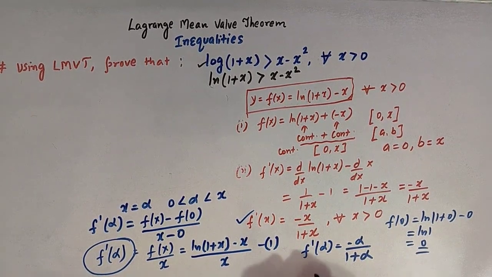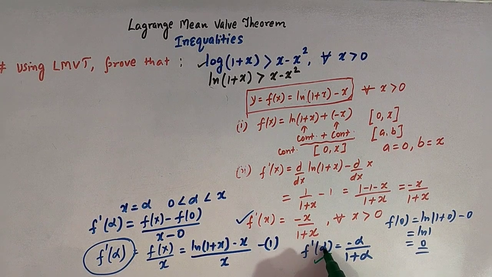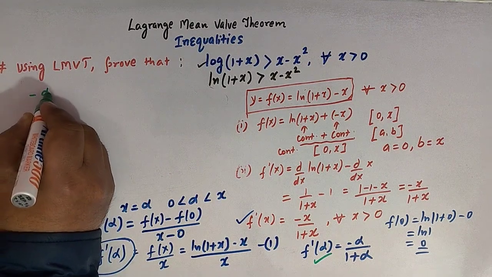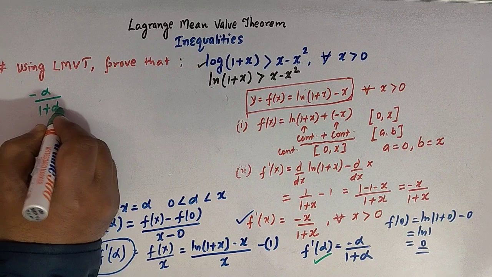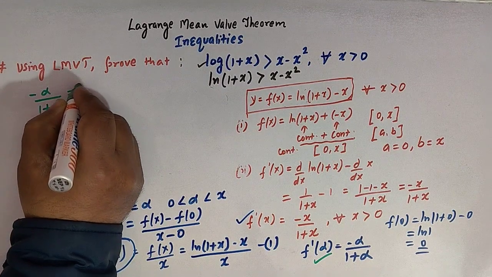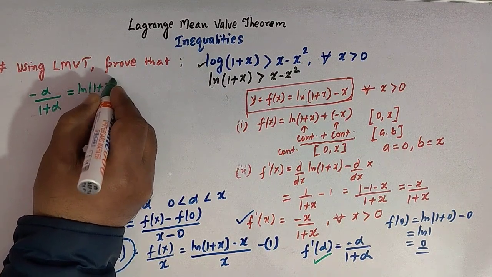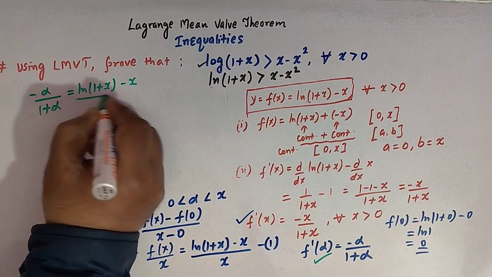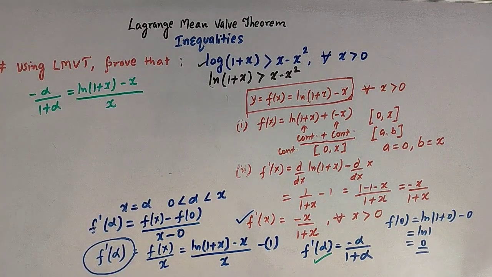minus alpha over 1 plus alpha, right? So now if we substitute the value of f prime of alpha over here, then we'll get the equation that minus alpha over 1 plus alpha is equal to (log of 1 plus x minus x) divided by x, right?